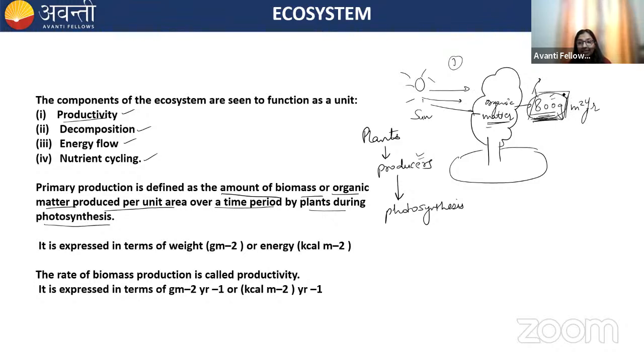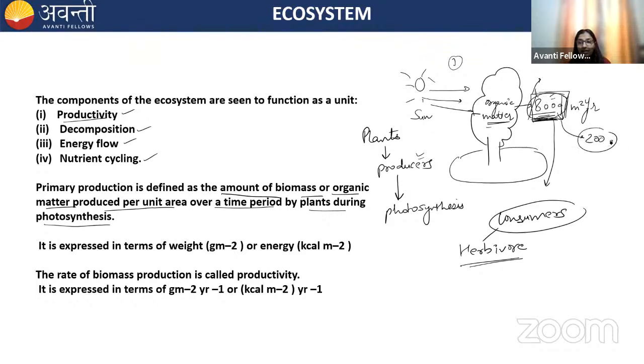Now, not this total mass is transferred to the consumer. Let's say this is the consumer, and this consumer is the herbivore. The herbivore cannot consume the entire amount, because out of this 800, let's say 200 is utilized by the plant for respiration or for other metabolic activities.